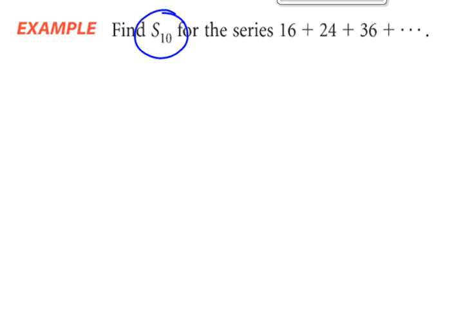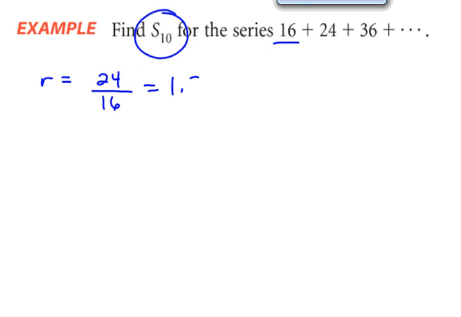We can see that a sub 1 is 16, and we have to calculate the common ratio. Think back to when we learned about geometric sequences. We calculate the common ratio by taking a term and dividing it by the term before it. So for example, I could take 24 and divide it by 16.